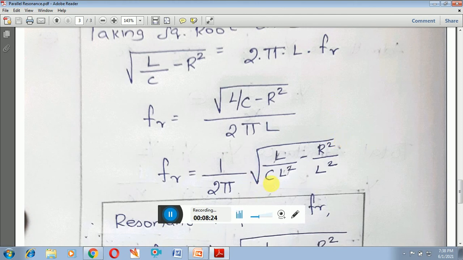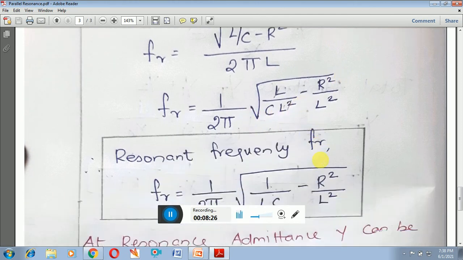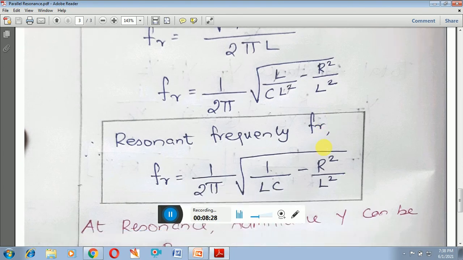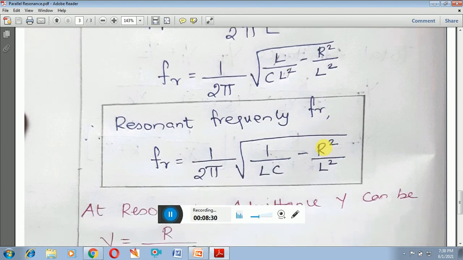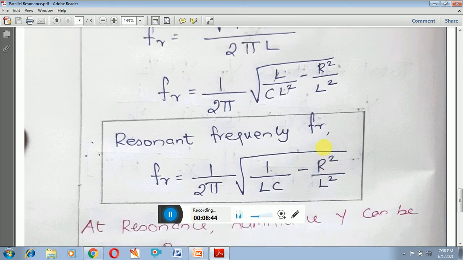Further simplification leads to the final value of resonance frequency as fr is equal to 1 by 2 pi into root of 1 by LC minus R squared divided by L squared. So this is the resonance frequency of a parallel resonance circuit.